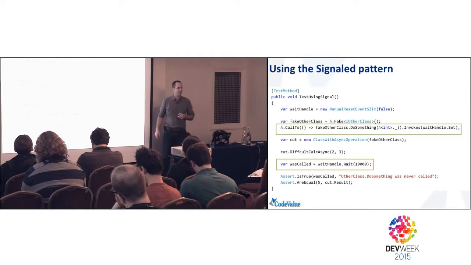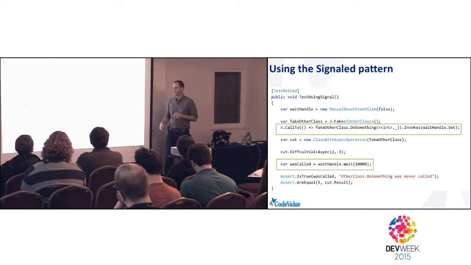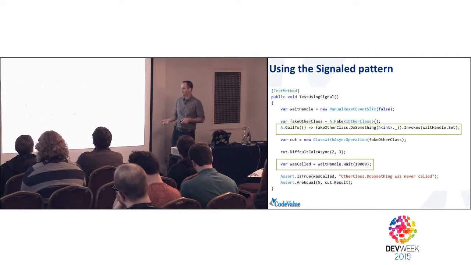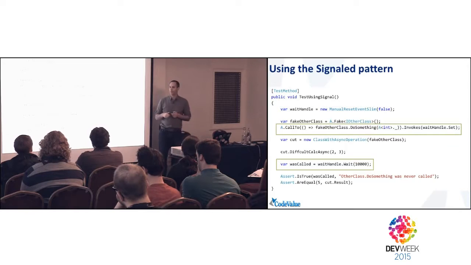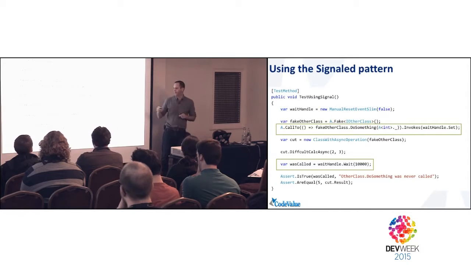Now, it's very similar to timer. Those of you would say, yeah, that's exactly like timer. In a way, it is, because the test will fail. If it will fail, it will take a very long time. 10 seconds in unit testing terms are like forever. And I won't know why it failed. I have no idea why the result wasn't set.